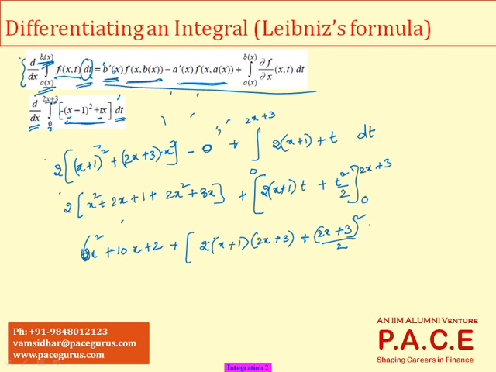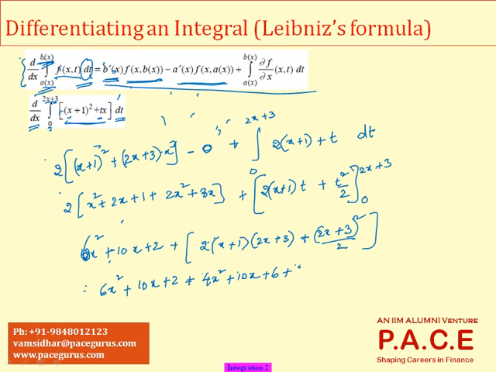And when I substitute 0 in place of t, everything is 0, so I don't need to bother about that part. 6x squared plus 10x plus 2 plus, I can simplify this, right? 2 into 2x squared, which is becoming 4x squared, plus 3x plus 2x, 5x, plus into 2, 10x, plus 3 into 2, 6, plus this is 4x squared.